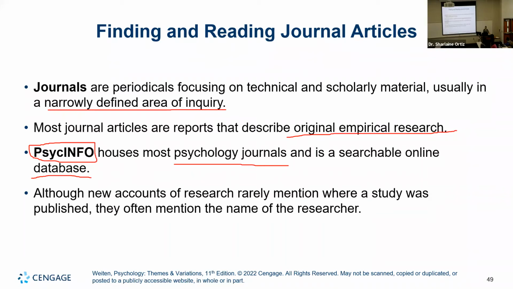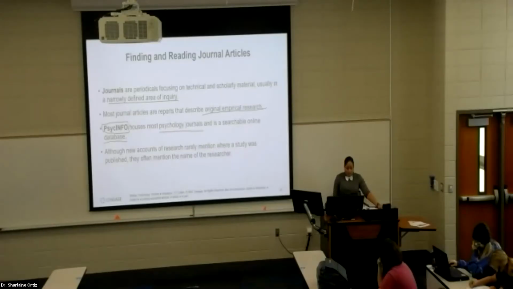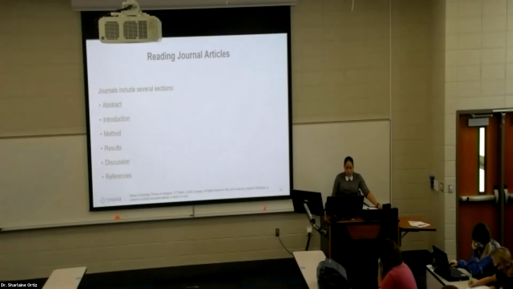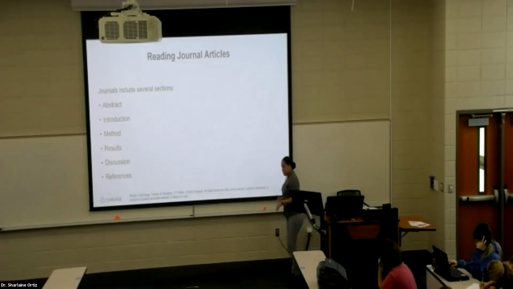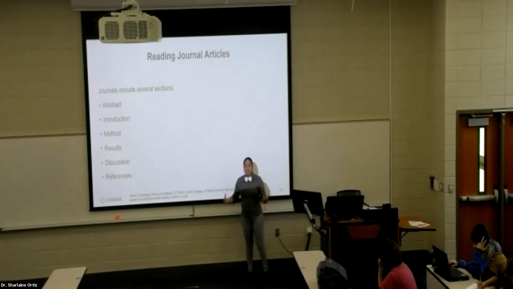Any questions about what a journal is? Generally, journals are specifically geared towards scientific publishing, meaning they are peer reviewed.